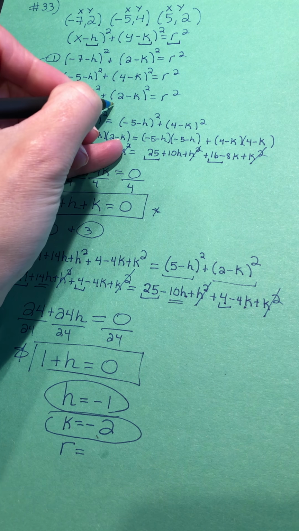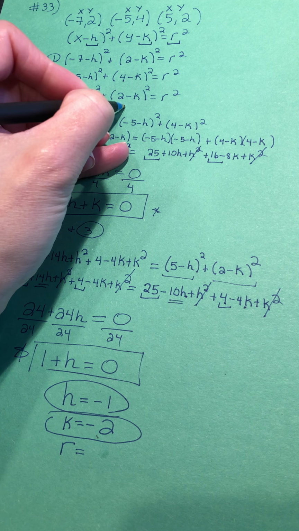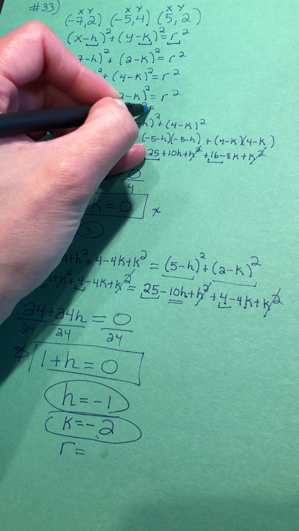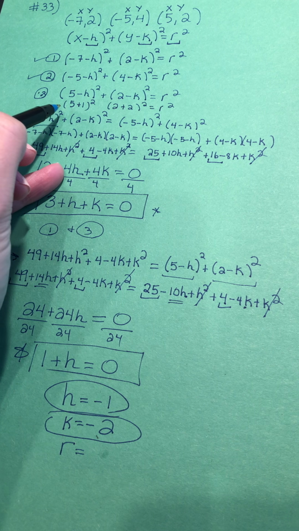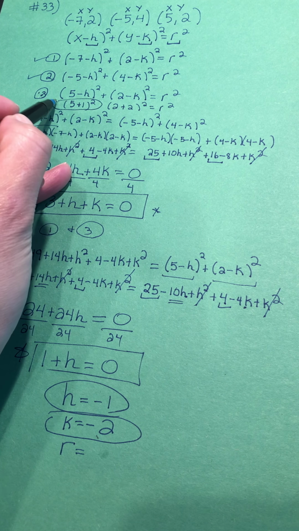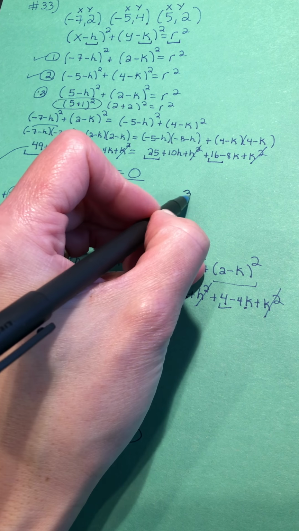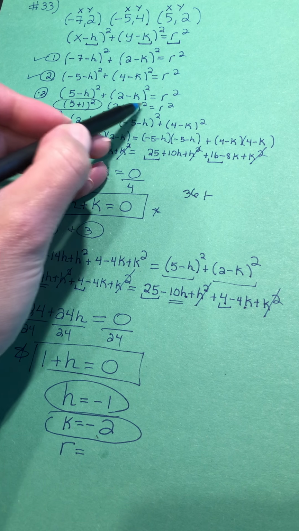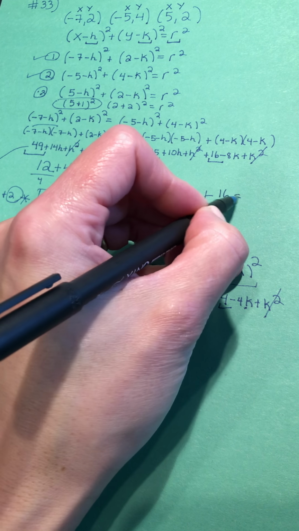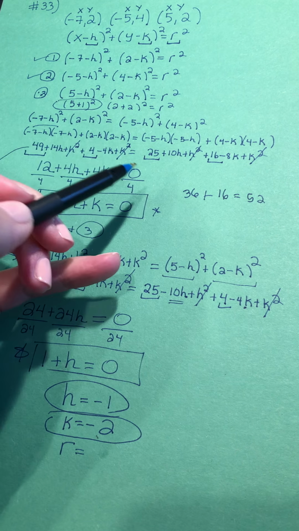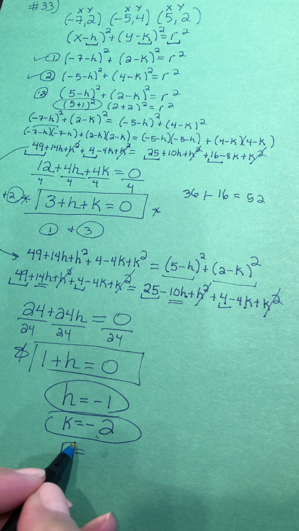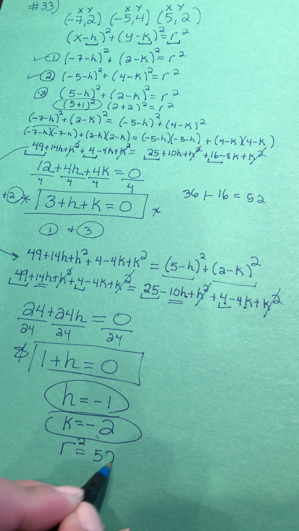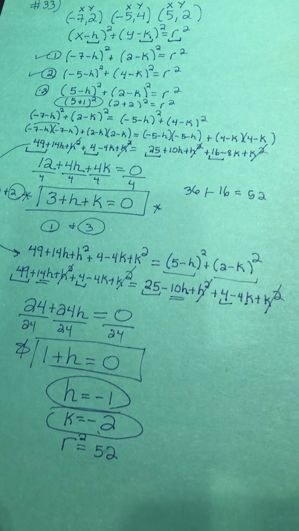K is negative 2, so that's going to be plus 2 squared equals r squared, okay? And this is going to be 36, plus this will be 16, and that's going to be 52. So I know that r squared is equal to 52. And now I have solved my mystery.